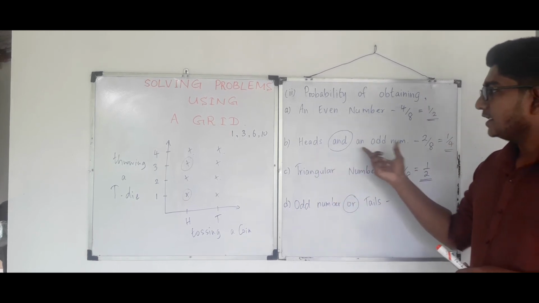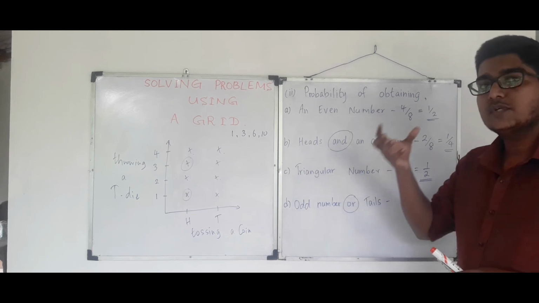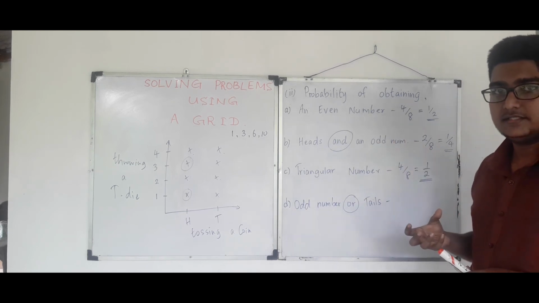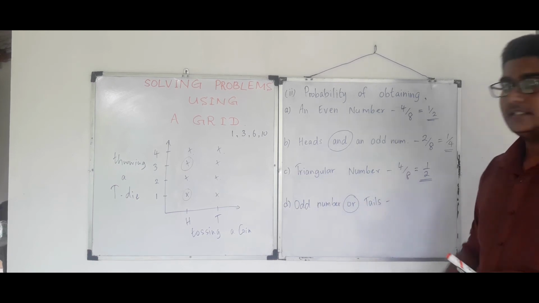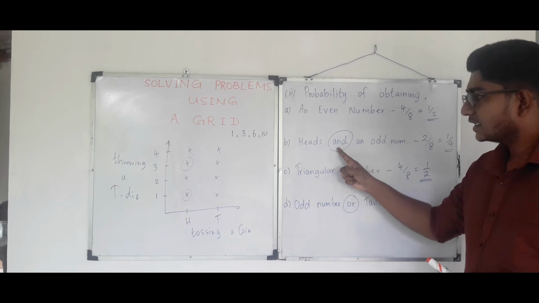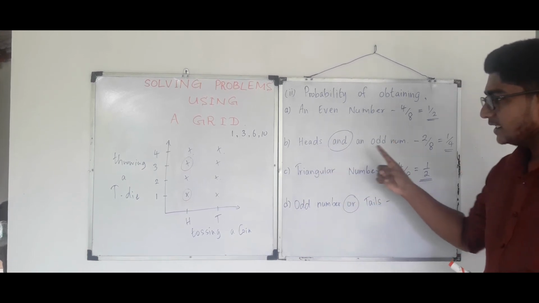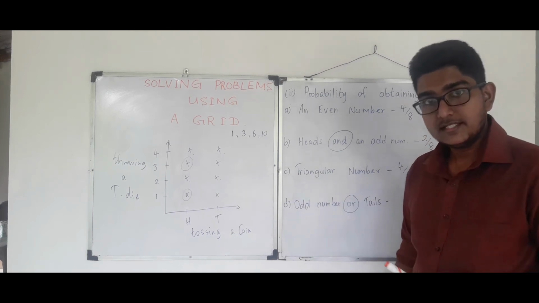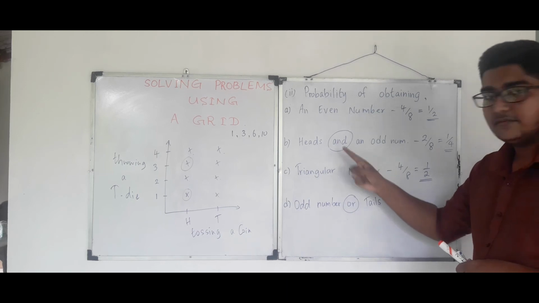That means if it is a head, we have to consider the next condition. If it is not heads, we are not going to consider this condition because we have the connection AND, so you have to select a cross which satisfies both these conditions.